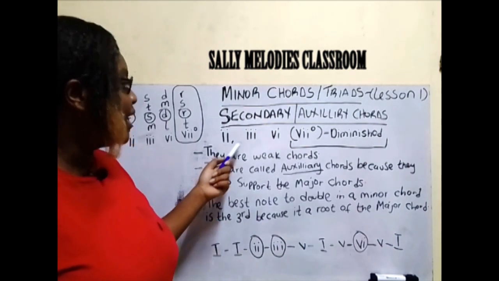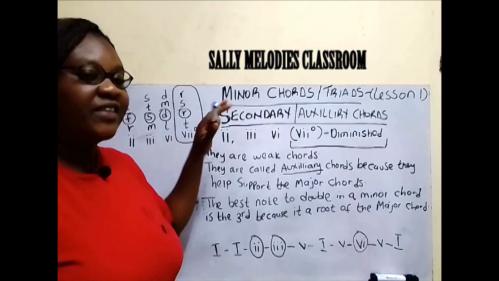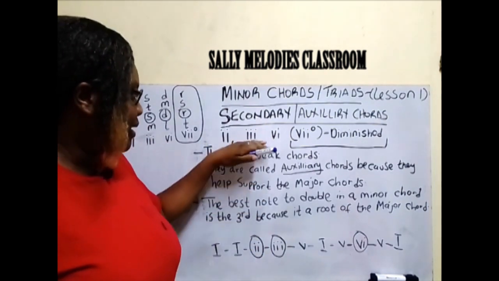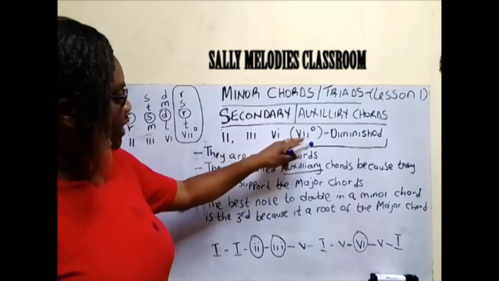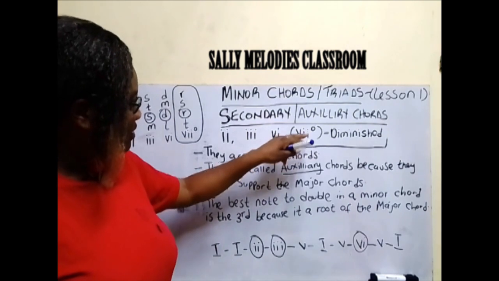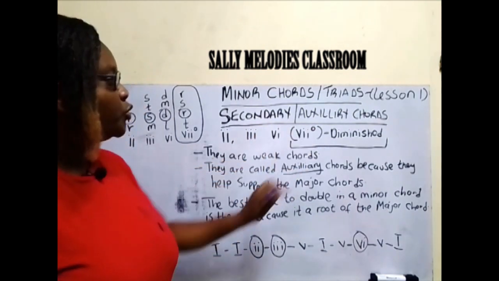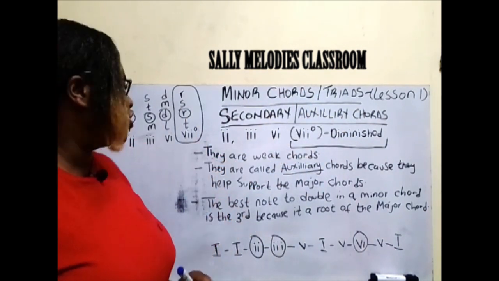When we come to the degrees of scales, we give the major chords the capital Romans. But for the minor chords, we give them the small Romans. And for the 7th, you put a symbol on top to show that it is diminished. That is how we differentiate.